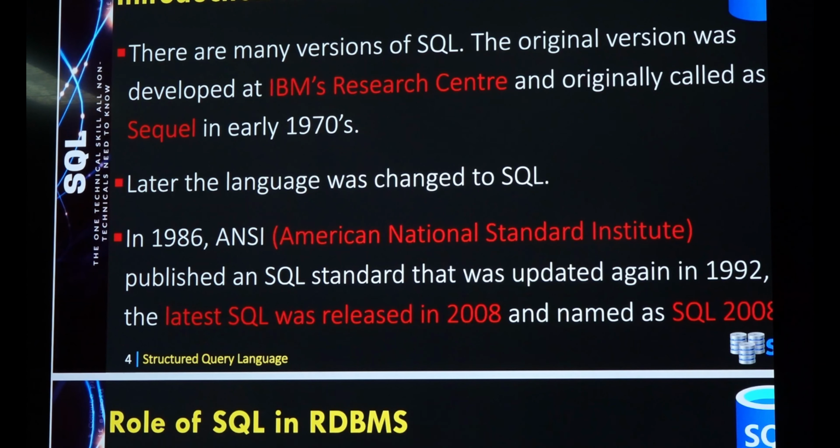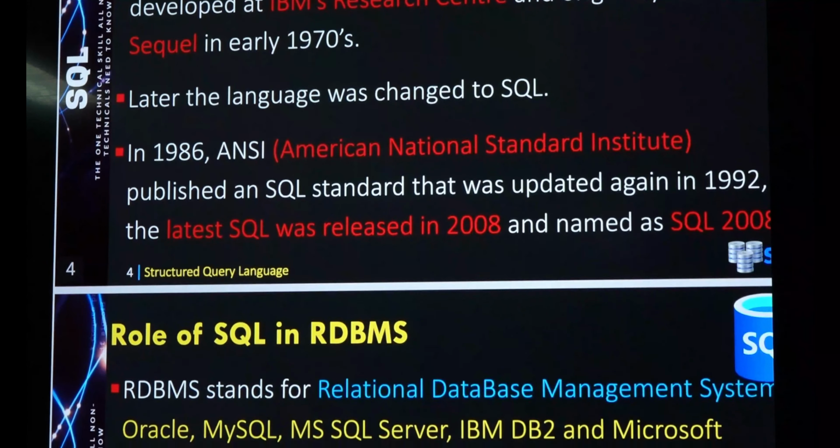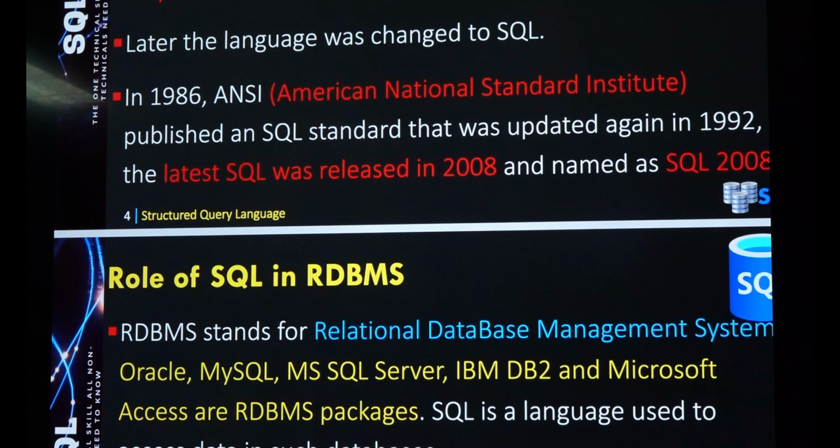Later, the language was changed to SQL. In 1986, ANSI, the American National Standards Institute, published an SQL standard that was updated again in 1992. The latest SQL was released in 2008 and named SQL 2008.